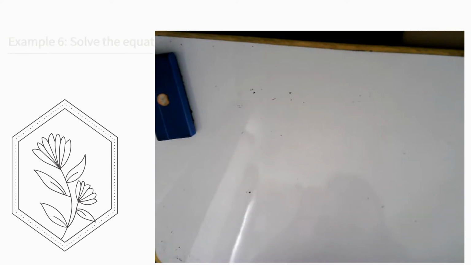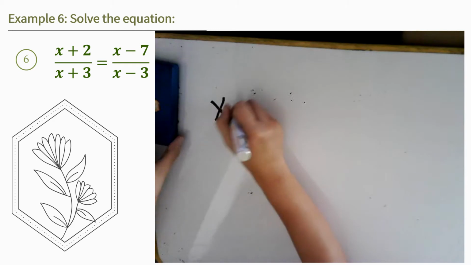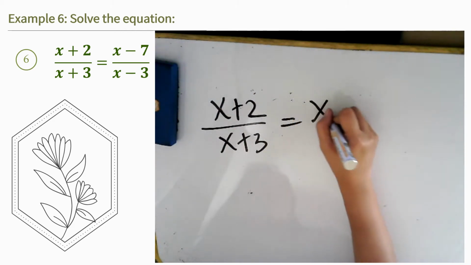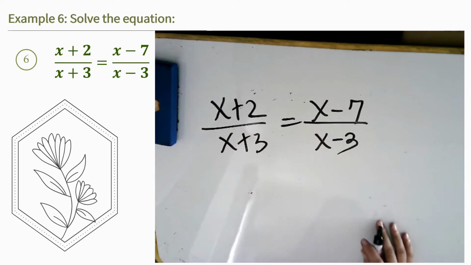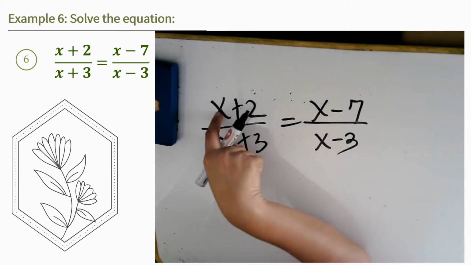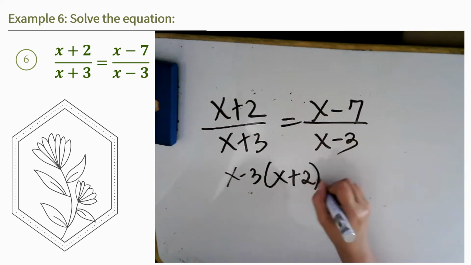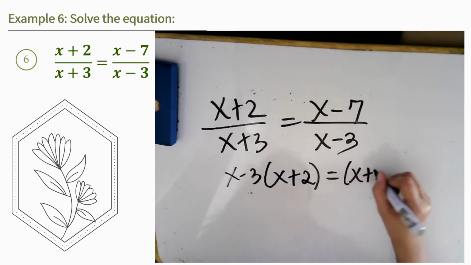Next one. Solve the equation x plus 2 over x plus 3 equals x minus 7 over x minus 3. So again, cross multiply x minus 3 times x plus 2. And then on the right side, x plus 3 times x minus 7.